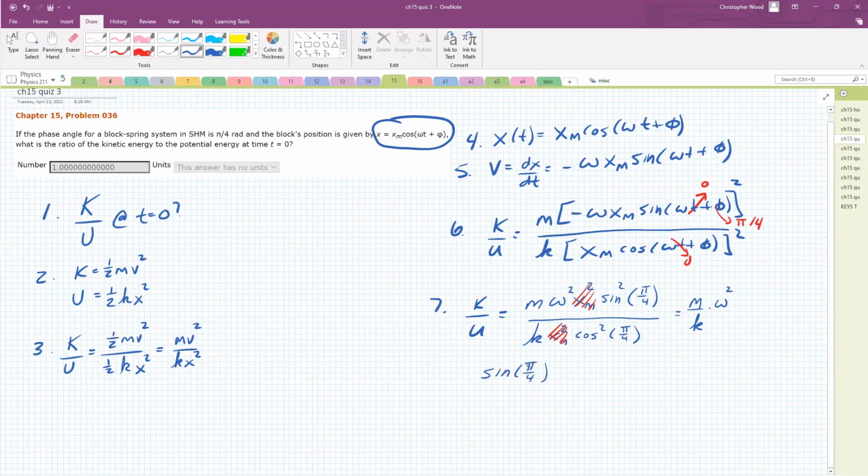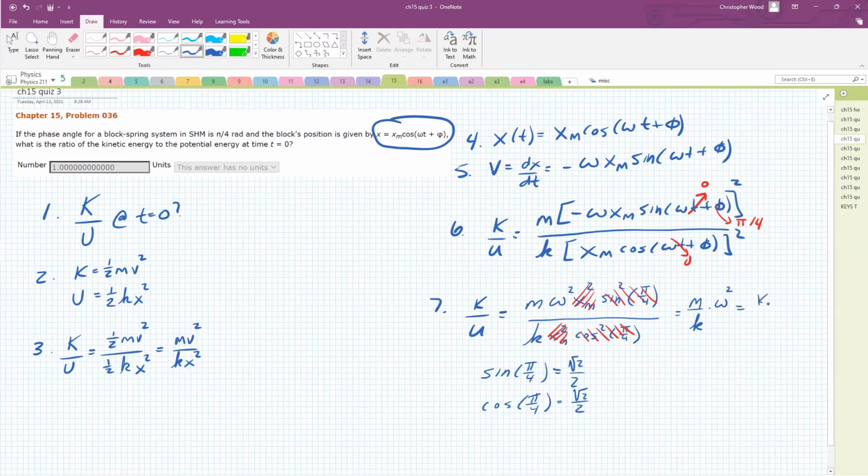You either know this from your unit circle, or you could just say sine of pi over 4, which is 45 degrees, is root 2 over 2. And you know what? Cosine of pi over 4 also equals root 2 over 2. So more low-hanging fruit, these cancel. Okay, so this really is the answer, but wait, there's more.